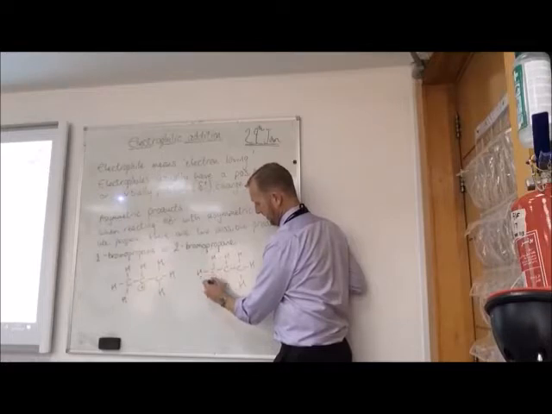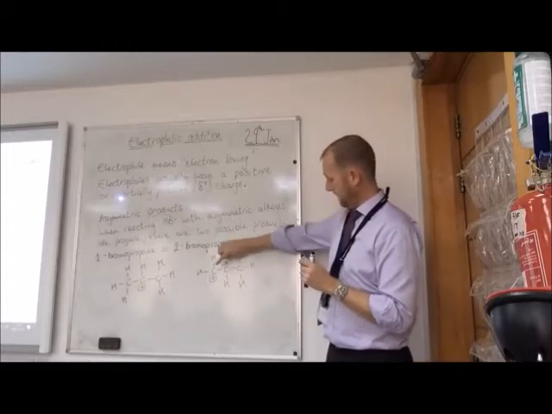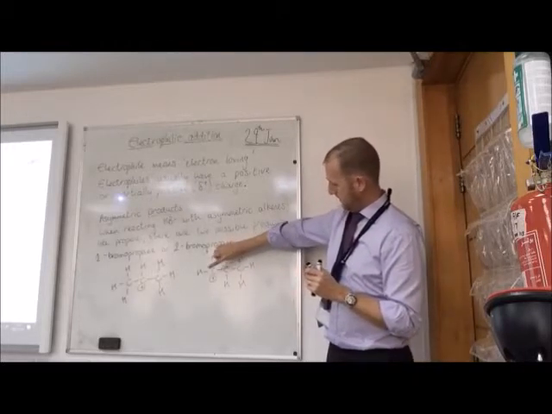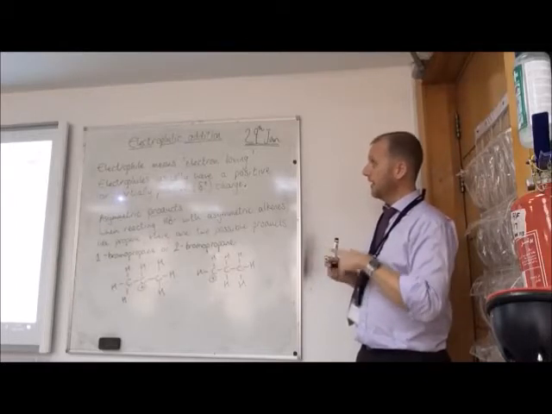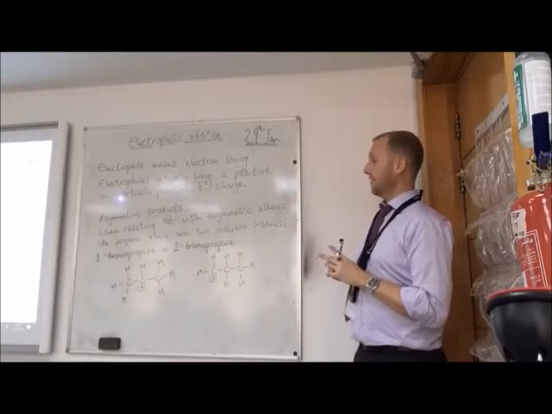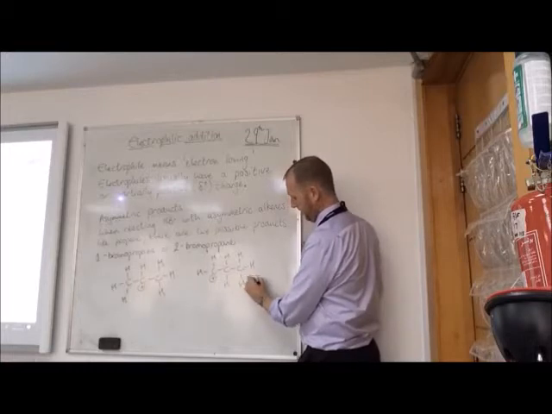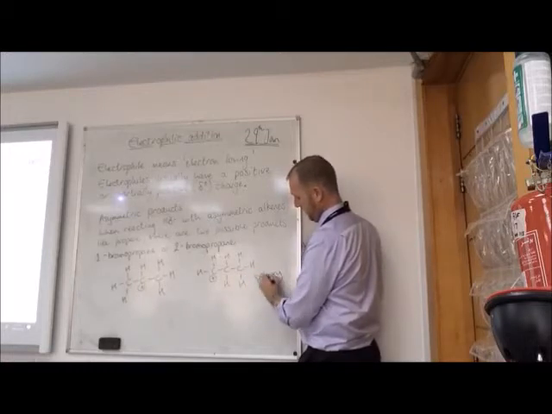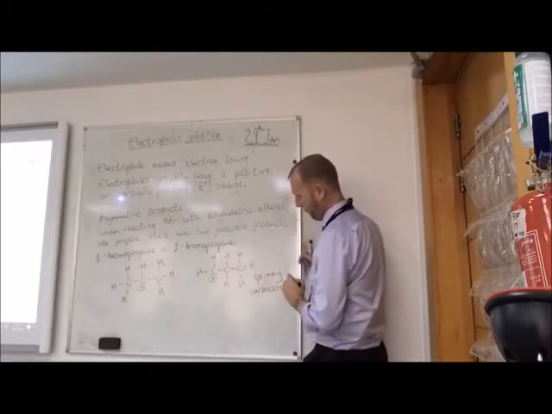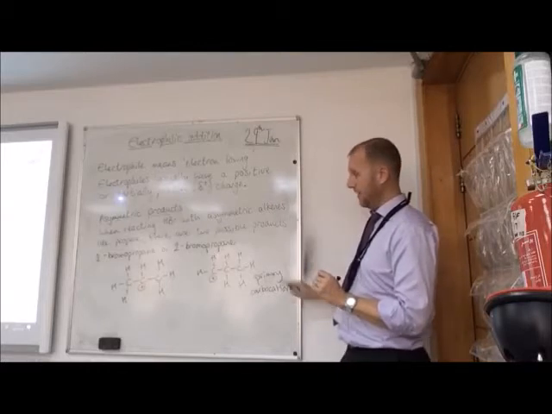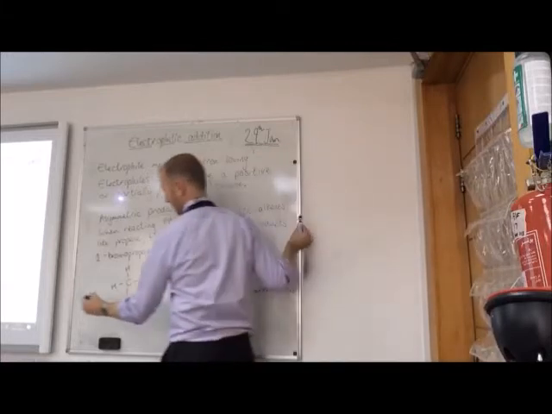And that's the intermediate that will lead to 1-bromopropane. Now we'll talk about this more when we do the next set of compounds, which are alcohols. But this one over here is called a primary carbocation. This one is a secondary carbocation. I'll write it in there.